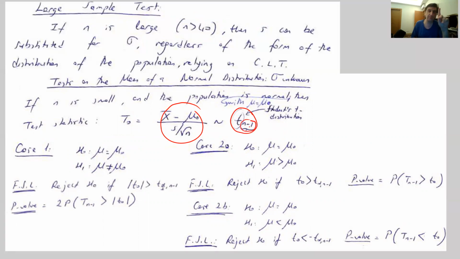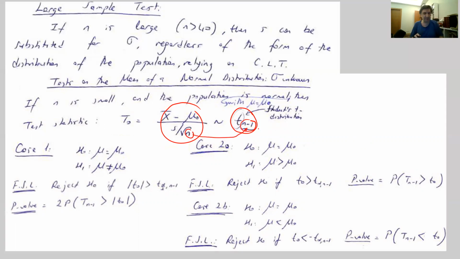Note that the t-distribution is actually a broader version of the normal distribution. So as n, the sample size, increases, the t-distribution starts to look more and more like the normal distribution. As n goes to infinity, the t-distribution converges to the normal distribution. So here the sample size minus 1 is the degrees of freedom.